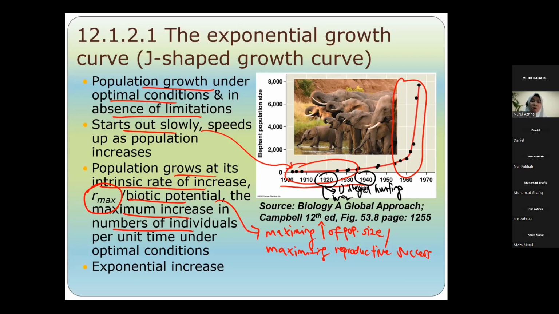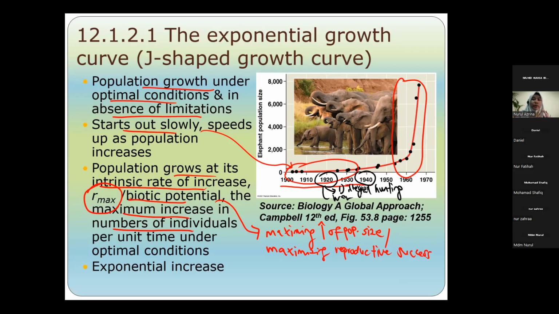Okay, World War. So war is not just affecting humans, it is also affecting animals, right? As a whole. So we can say that these are a few factors that might contribute to the slow increase of population growth in elephants, right? So due to illegal hunting, war, right?